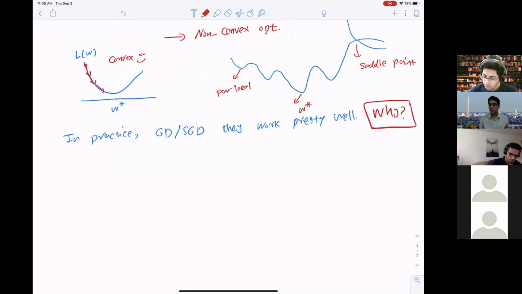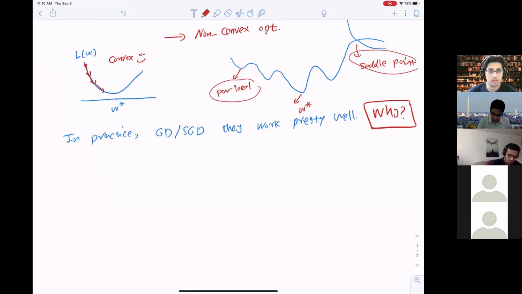We know we are in a non-convex setting, and we know in the non-convex setting we have a lot of issues. We have poor locals, we can have saddle points, but surprisingly and somehow magically, stochastic gradient descent or gradient descent converge to pretty good solutions. And this was a topic of a lot of interesting research in the last couple of years in foundations of deep learning.